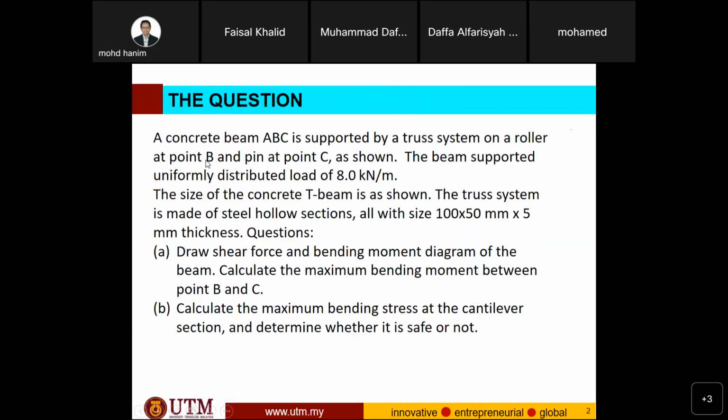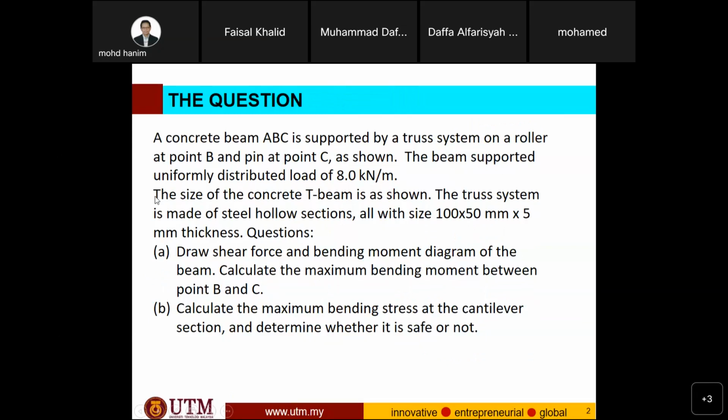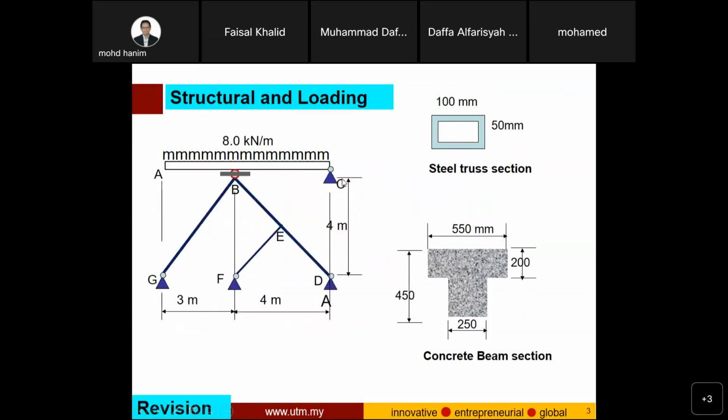The beam is supporting a uniformly distributed load of 8 kN per meter. The size of the concrete T-beam is as shown. The truss system is made of steel hollow section. This is the truss system, made of hollow section 100 by 50.